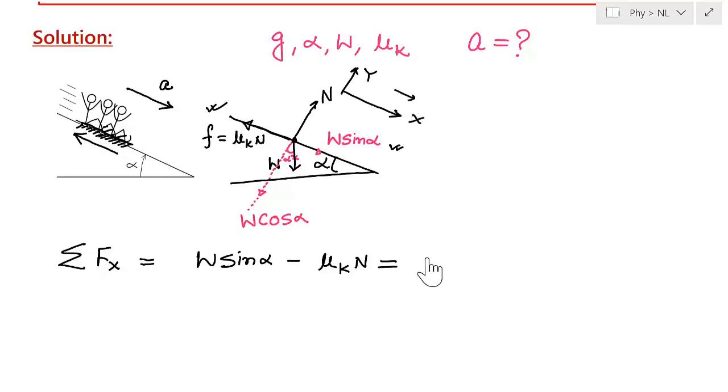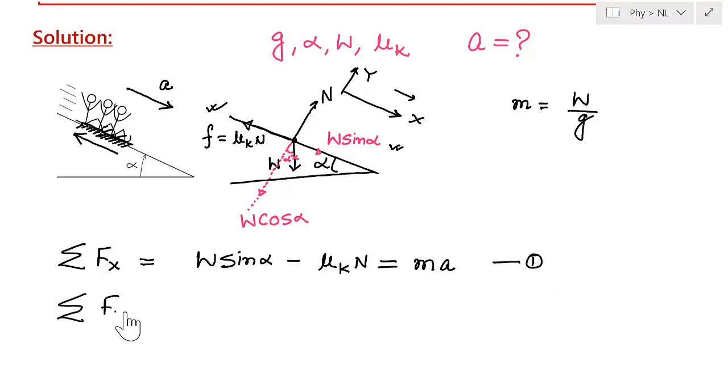So we can basically equate this to mass into acceleration. So mass of toboggan is m, and that can be calculated from the weight. Since weight is given, mass is equal to weight divided by g. So this is equation 1 from x direction.